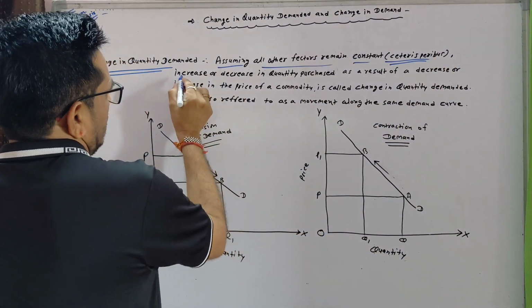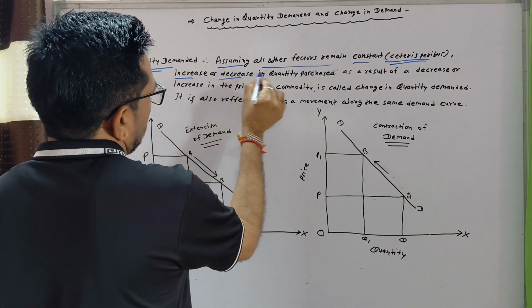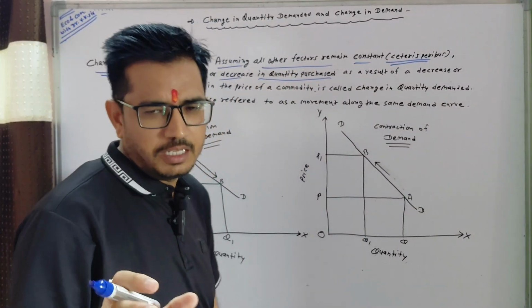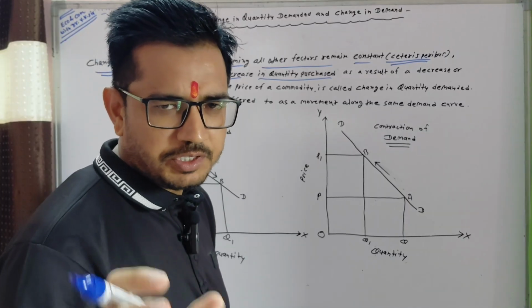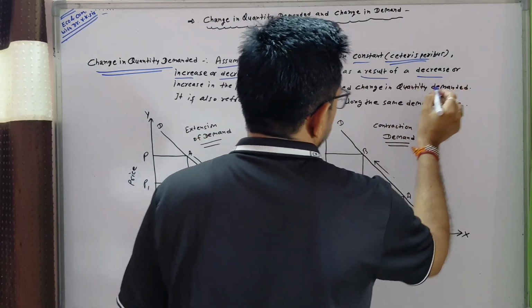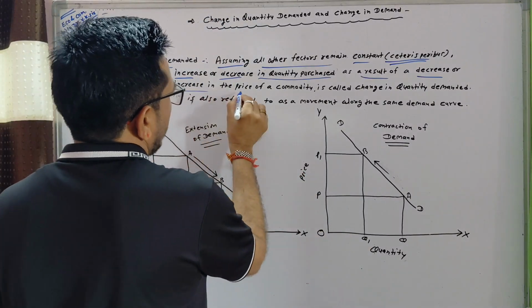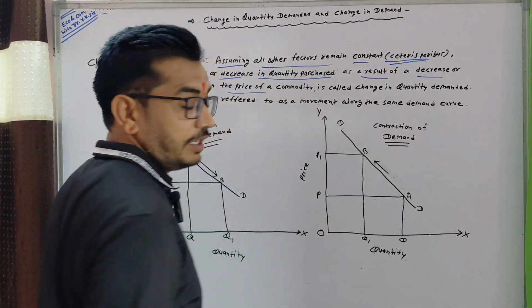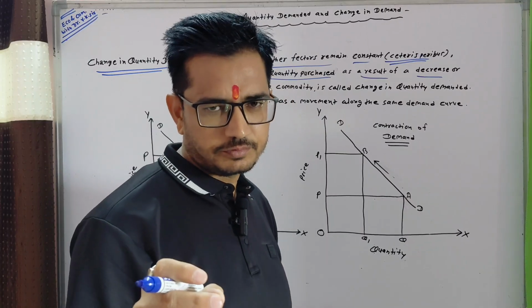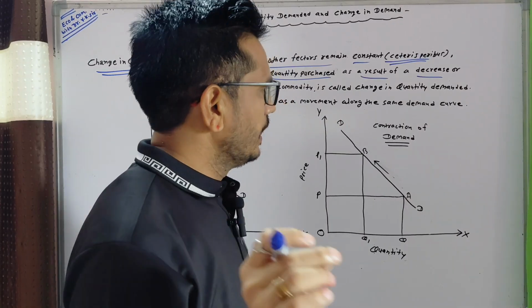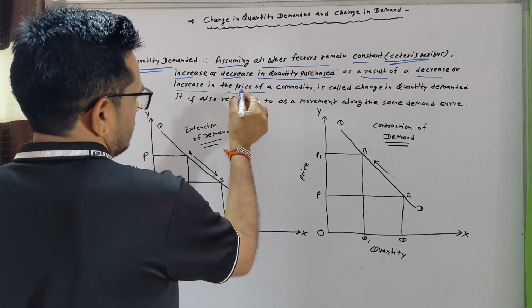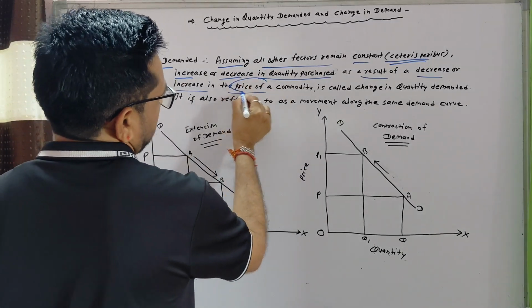In this condition, increase or decrease in quantity purchased as a result of decrease or increase in the price of a commodity is called change in quantity demanded. There is one factor that is going to change, that is the price of a commodity.